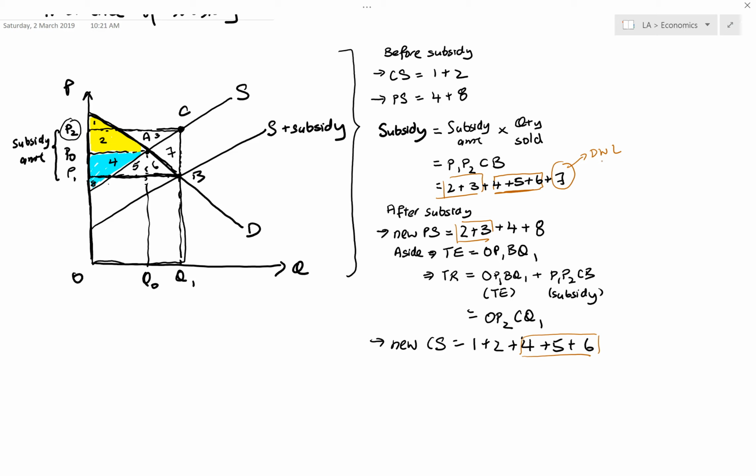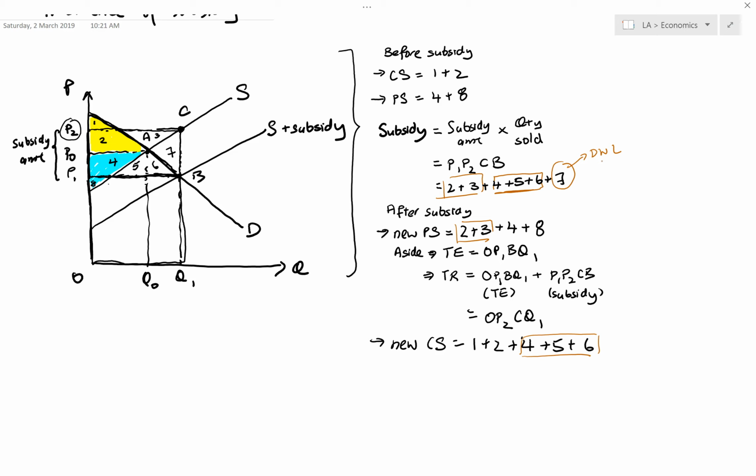After subsidy, the producer and consumer surplus can share the same 2 and 4, the 1 plus 2 plus 4 plus 5 plus 6. Then the PS and the CS both got 2 and 4. Because I'm looking at the supply going up, there's a bit of interchanging.